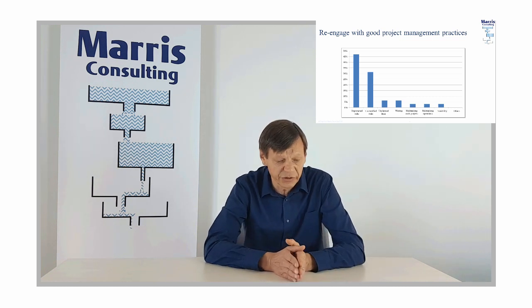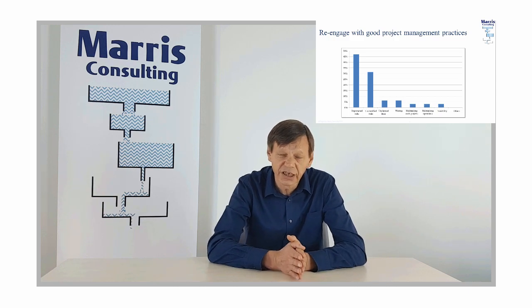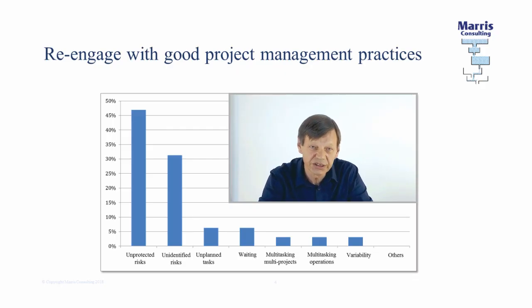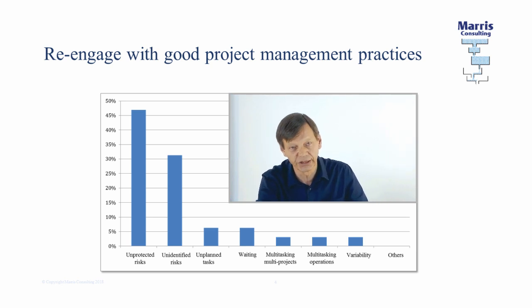So what are the two different categories there? Unprotected risk, that's to say it was identifiable risk that was not protected in the system. And I believe this is something that is nearly systematic, at least very frequent. What they were doing was they were quite good at risk management, but they were only provisioning risk financially, right? They said, there's a risk that this might happen, it's going to cost me 300,000 euro. Okay? But they did not simultaneously say, and it's going to cost me 3 weeks.